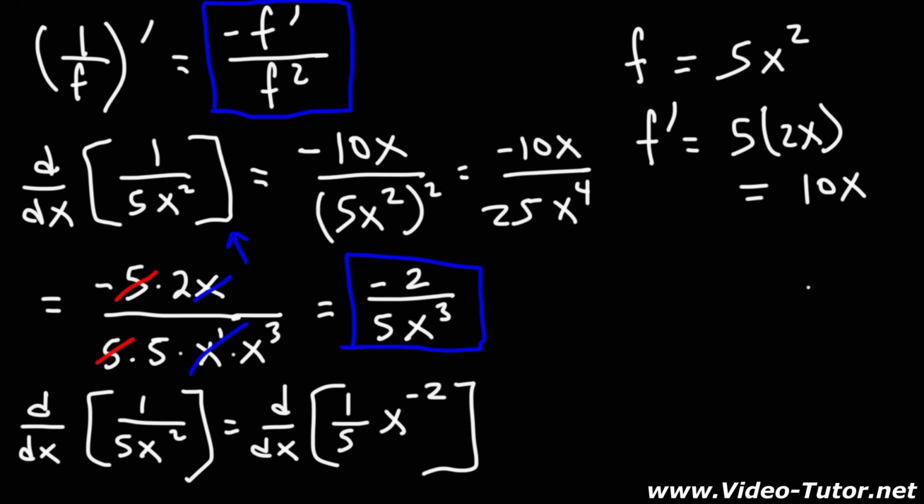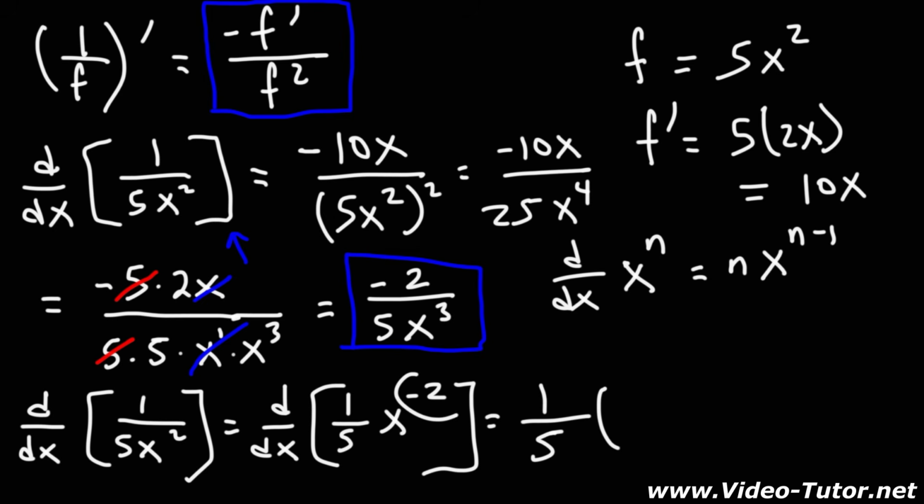Now, we could use the power rule. The derivative of a variable raised to a constant, x to the n, is going to be n x to the n minus 1. So this is going to be 1 over 5 times n, which is negative 2, and then x to the negative 2 minus 1, which is negative 3.